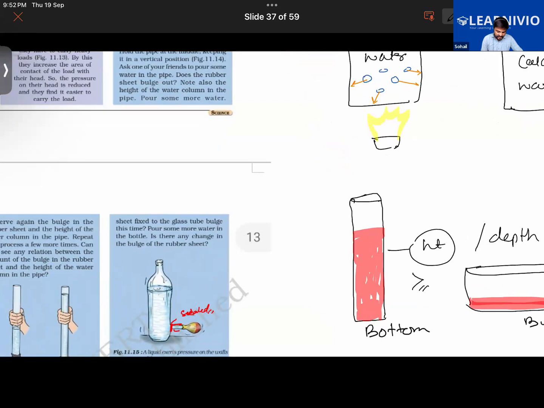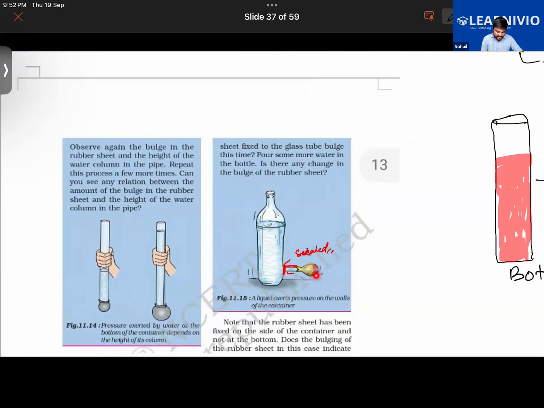Furthermore, this activity was also to show that the liquid exerts pressure on the wall of the container. We have taken this bottle and connected a pipe to it. This seal was drawn by me, so it is not there in the diagram. We have taken an empty bottle, filled it with water, and connected a pipe to it, and on the other end of the pipe we have connected a balloon.